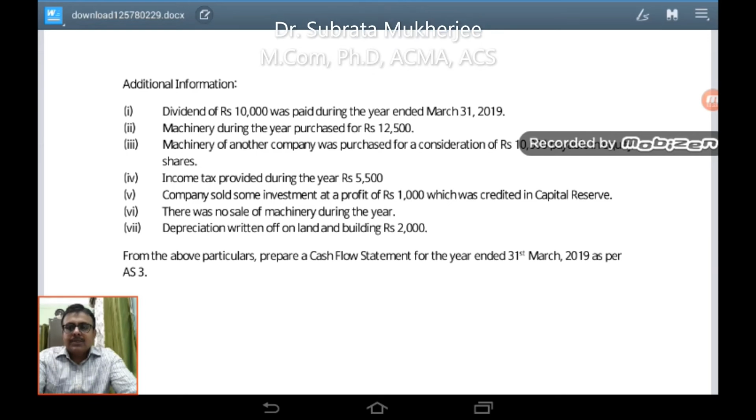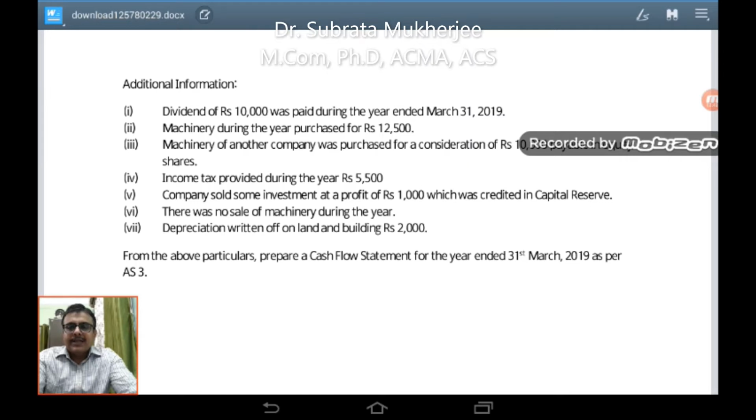Additional information: dividend of rupees 10,000 was paid during the year ended 31st March 2019. Machinery during the year purchased for rupees 12,500. Machinery of another company was purchased for a consideration of rupees 10,000 payable in equity shares.